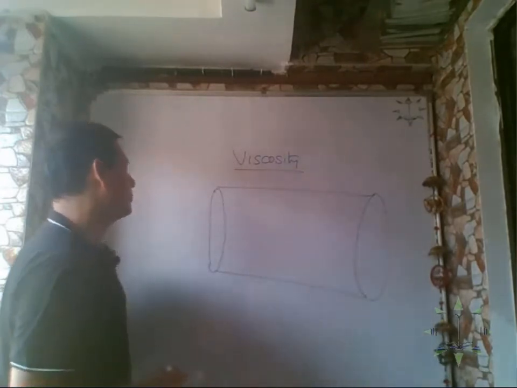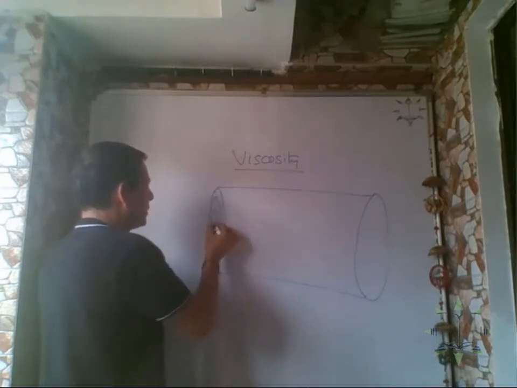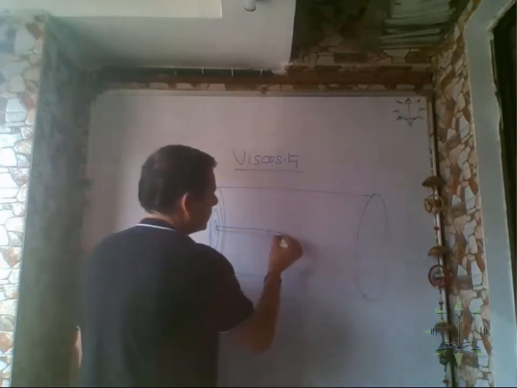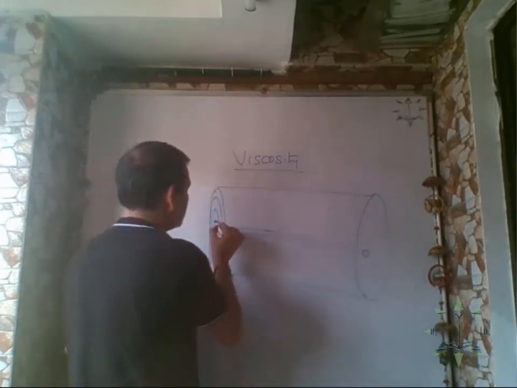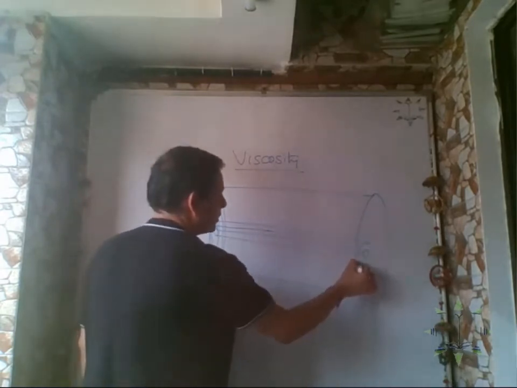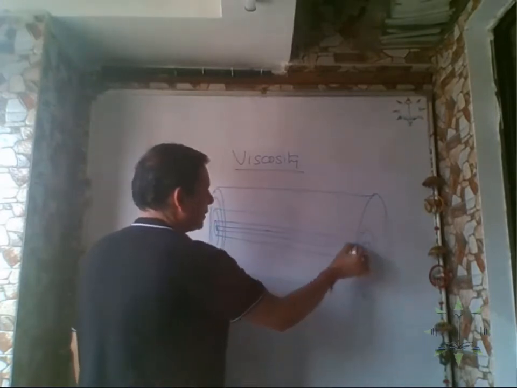So as the liquid flows, we can imagine this liquid is made up of many coaxial cylindrical layers. This is one cylindrical layer. Okay. This is our imagination. So we can imagine this liquid is made up of many such cylindrical layers.